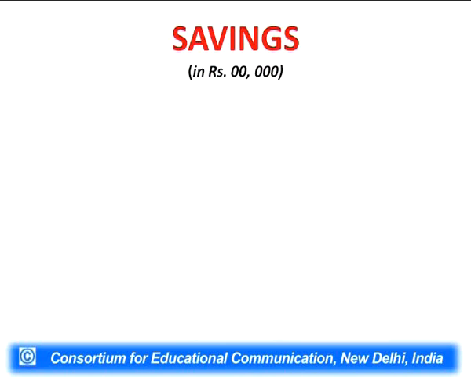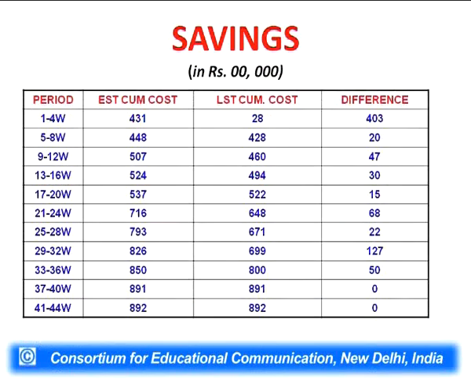In this particular project, how much was the saving? There are 44 weeks. Each month 4 weeks. We have written the EST cumulative cost and the LST cumulative cost, and the figures are written here. And the difference in every month is also written, starting from 403.